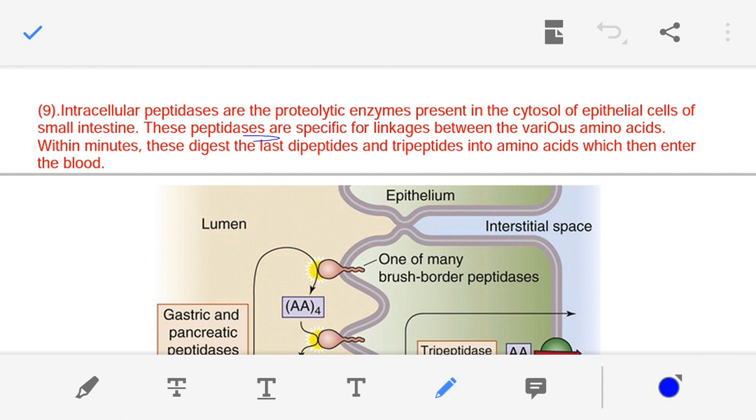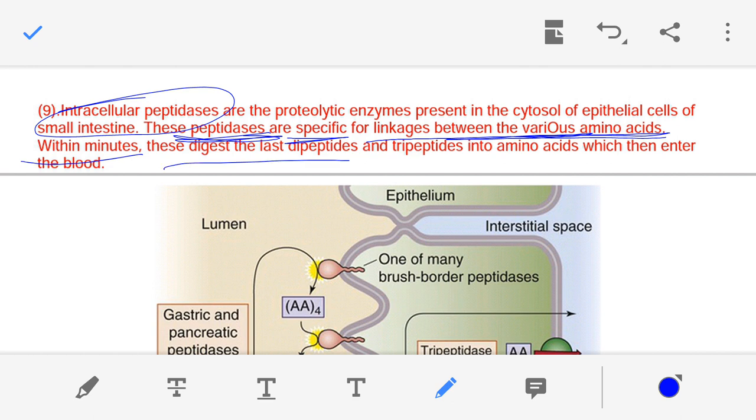And what do these peptidases present in the cytosol do? They are specific for the linkage between the various amino acids, acting on particular bonds between amino acids. These intracellular peptidases digest the dipeptide and the tripeptide and convert them into amino acids.